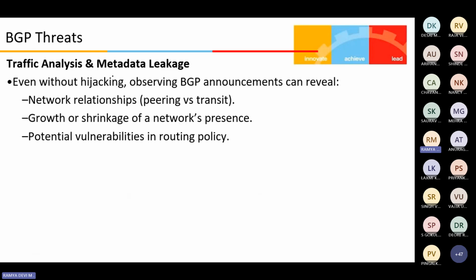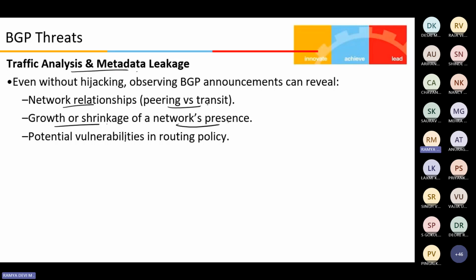The last problem we are going to discuss is traffic analysis and metadata leakage. Even if no malicious route hijack occurs, PGP announcements themselves sometimes reveal sensitive information. Attackers, researchers or competitors can learn network relationships, who is peering, who is buying transit, and how the network's global presence grows or shrinks.